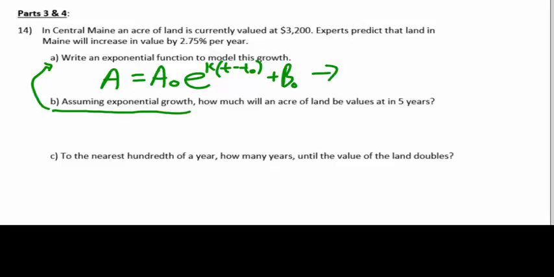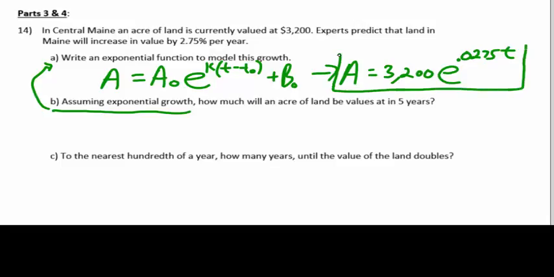All right, so A equals, the amount we start with is 3,200, and then we're going to have e to the 0.0275, and that's the rate, right? So 0.0275 t, because we don't know the time. All right, now, assuming exponential growth, how much will an acre of land be worth in 5 years?